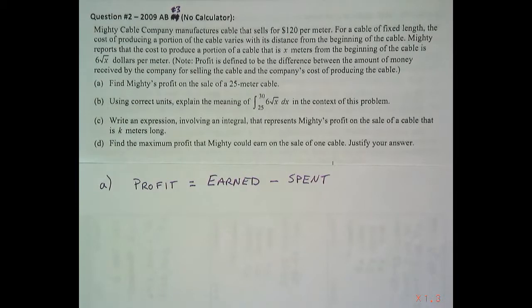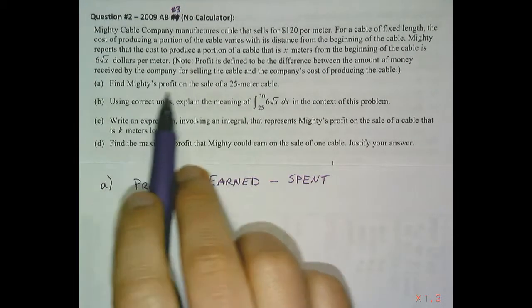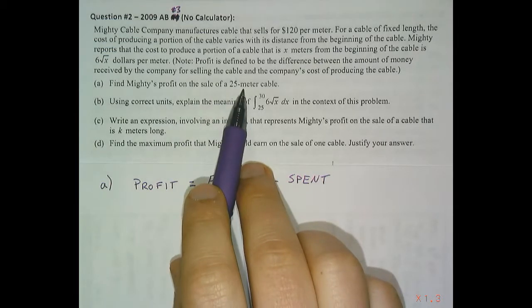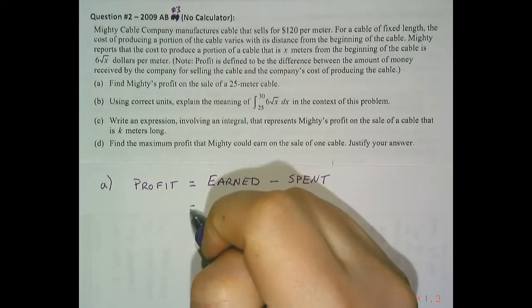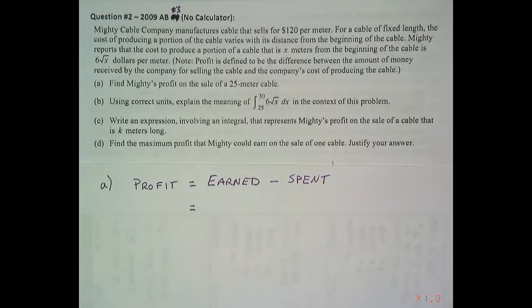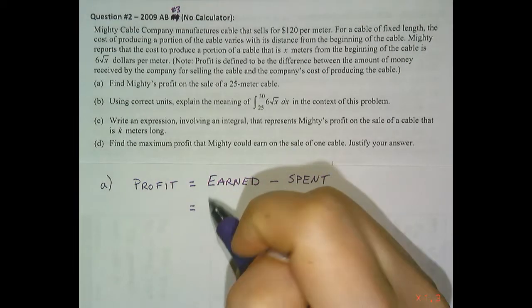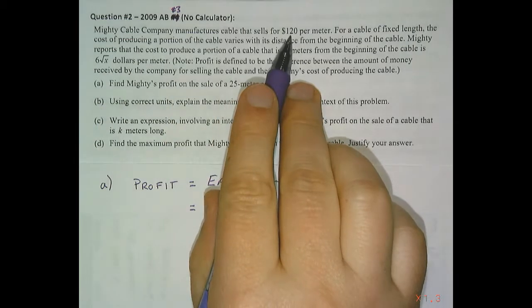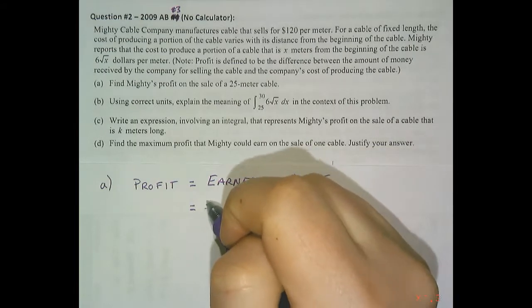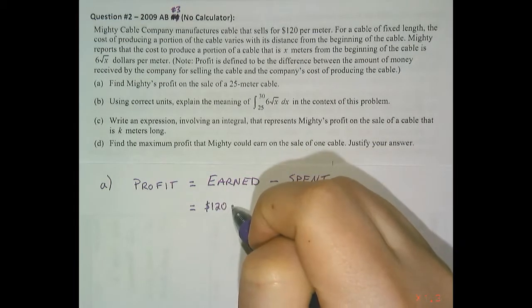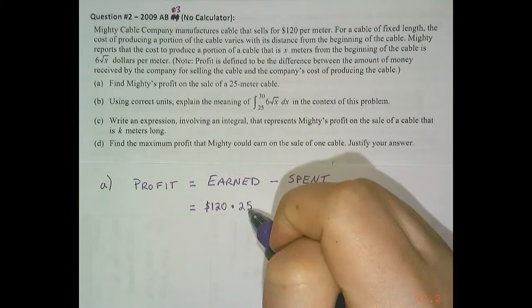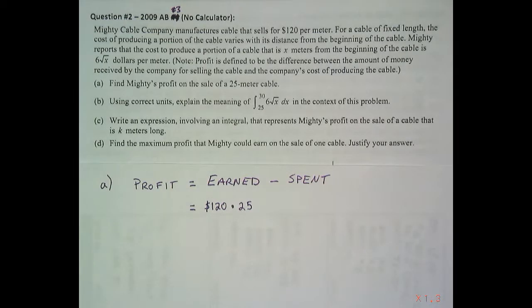So we have to look at these two things. They're asking, what is the profit on a sale of 25 meters? Well, how much did I earn selling 25 meters of cable? I sell it at $120, so my earning is going to be $120 times 25 meters of cable. That's what we earned from selling it.